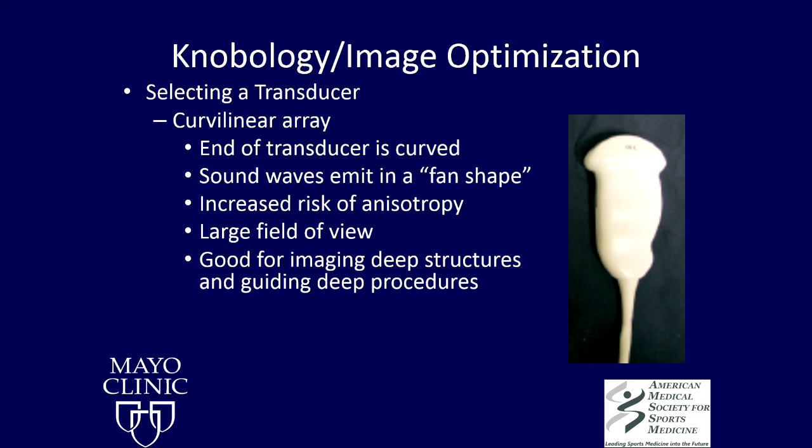Most curvilinear array transducers are going to have lower frequency bandwidths. But one of the big problems is it's more susceptible to anisotropy, the artifact that I mentioned before, and so it limits its ability to do a great job with diagnostic ultrasound. So in general, when you're doing a diagnostic study, you want to use a linear array transducer if possible.